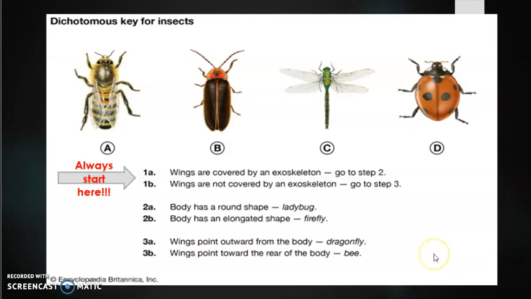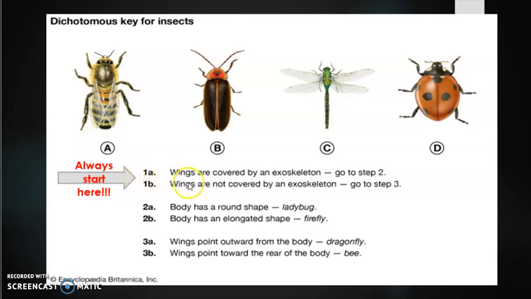Now, this is a dichotomous key for insects. I know you guys know what an insect is, and you could probably name all these, but pretend that you've never seen these before, okay? And you are given this bug right here, A. You want to figure out the name of it. So you're always, always, always going to start at statement 1.